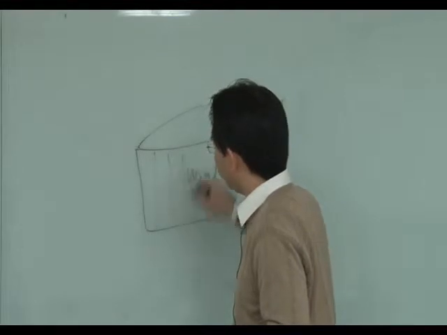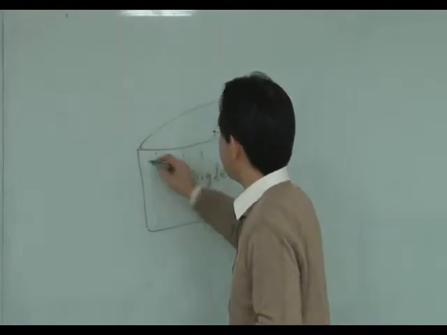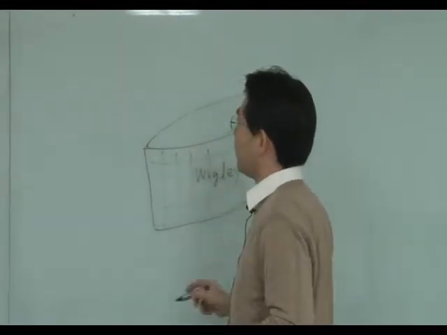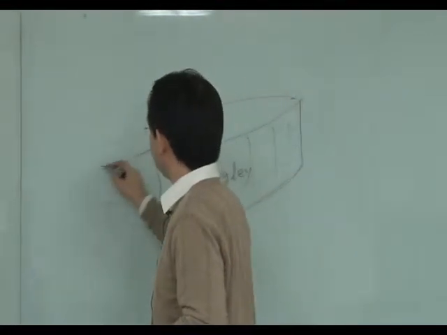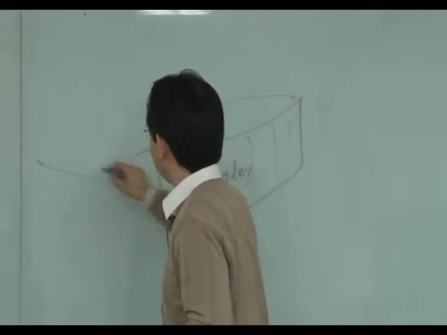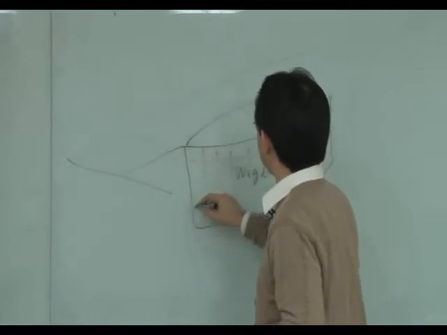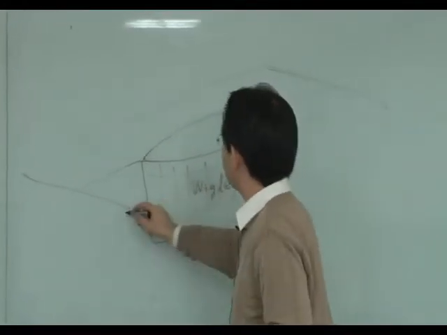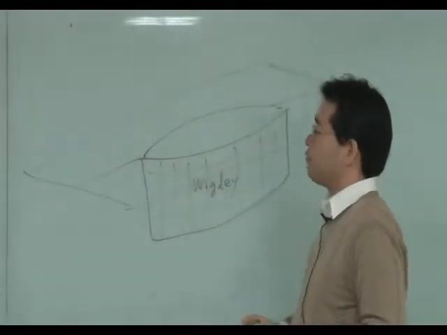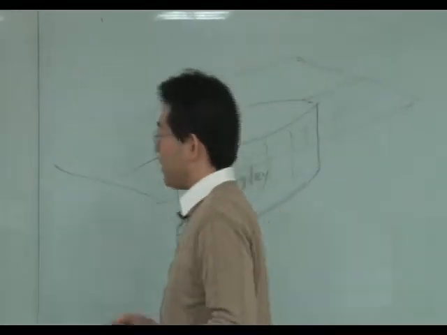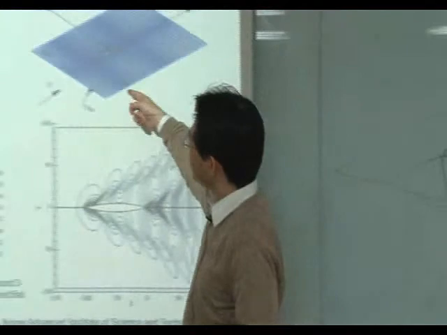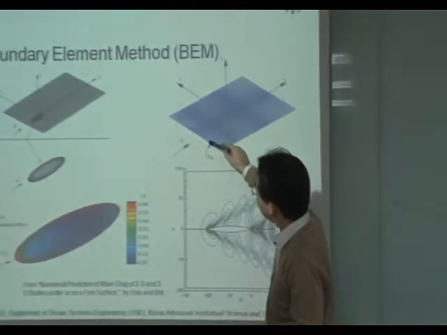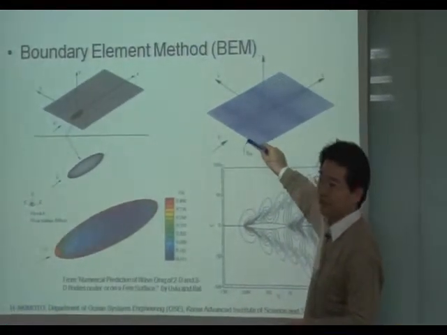They also have panels on the surface, and also free surface panels. And in this picture, you can only see the bottom edge of the Wigley shape.